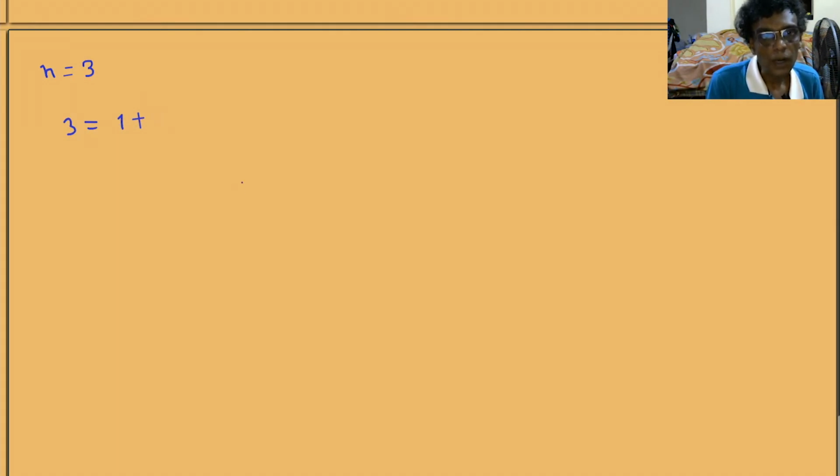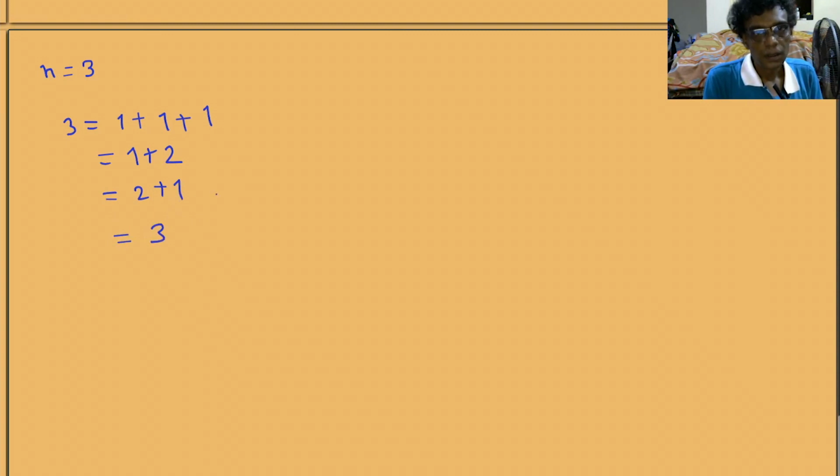So for 3: 1 plus 1 plus 1 is 3 summands, 2 summands, 1 plus 2, 2 plus 1, and 1 summand, this is 3. Now for each way of doing this, I have 2 ways of writing 4. I will add 1 to it, then I will get an ordered composition of 4.